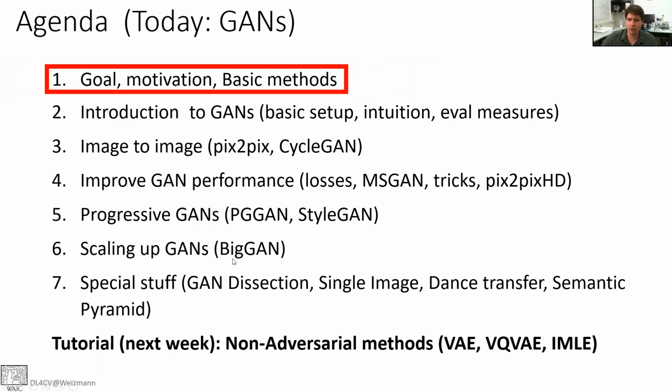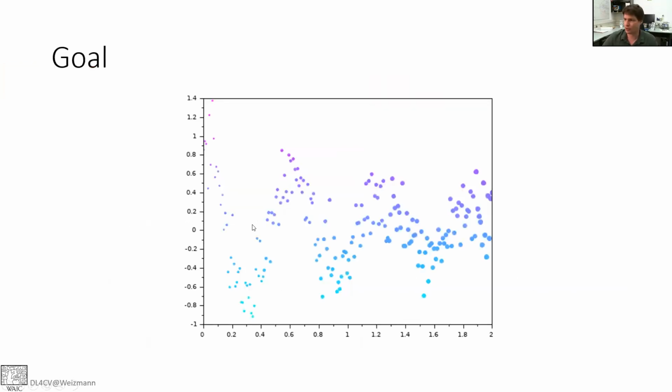So let's start with the goal and the motivation. The most basic goal of generative models is actually a very simple thing. You have this distribution of data, but you have only some instances of it. What you want to do is to somehow generate new data, instances that match this distribution that you have, but novel ones.